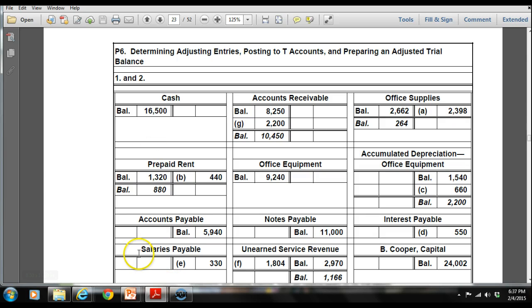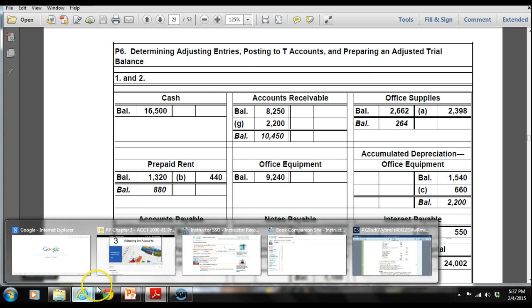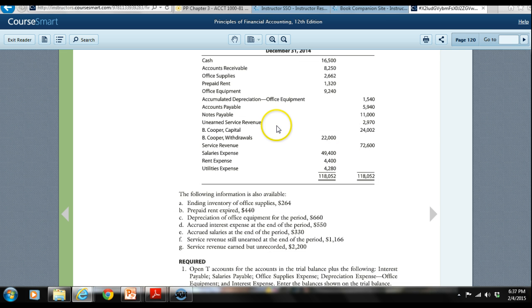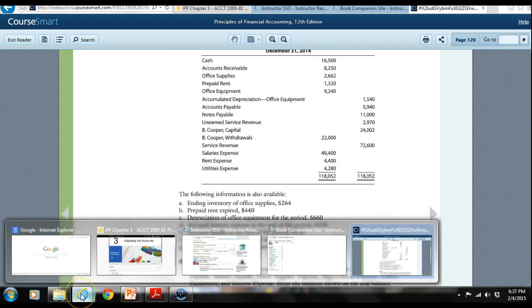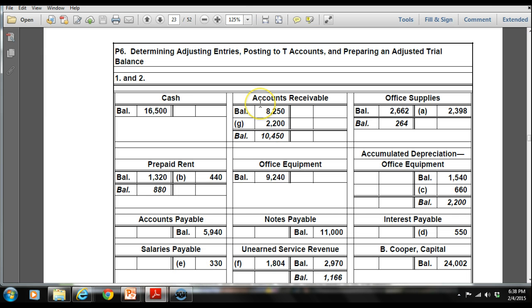Okay? The next thing we're going to do is go back to our accounts receivable. You see how it starts with a balance of $8,250? We're going to go and show accounts receivable, balance $8,250.